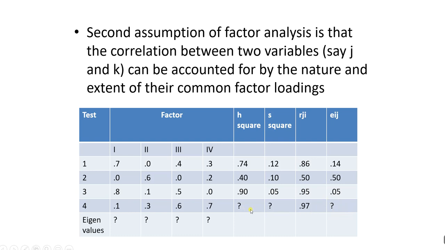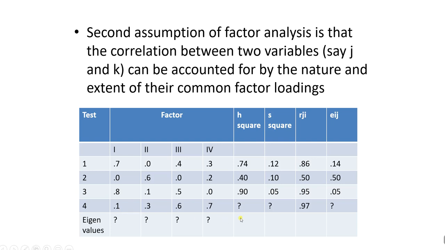And here there are three unknowns. How would you calculate? Think for a minute. The first step will be to calculate the H square. 0.1 square is 0.01, 0.3 square is 0.09, 0.6 square is 0.36, and 0.7 square is 0.49. So 0.49 plus 0.36 plus 0.09 plus 0.01.